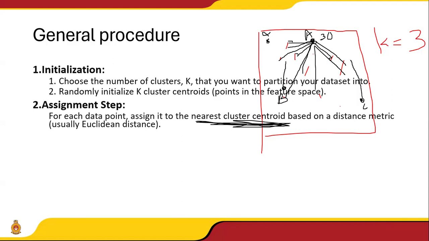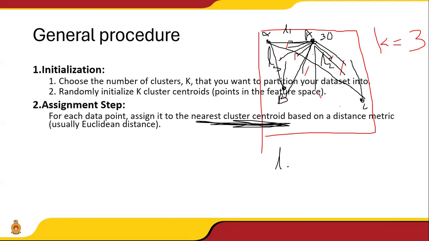For the alpha dot, how many links do we have? 1, 2, and 3. And we have distances. We'll take this as L1, this as L2, and this as L3. So the distance from alpha to B is L3, alpha to C is L2, alpha to A is L1.